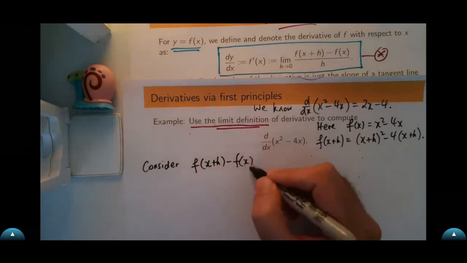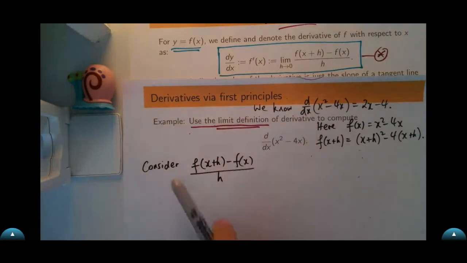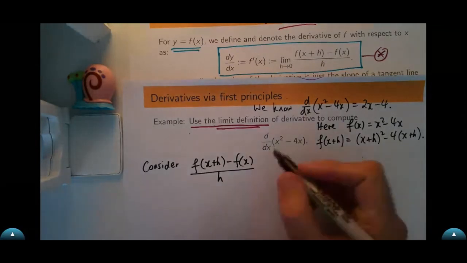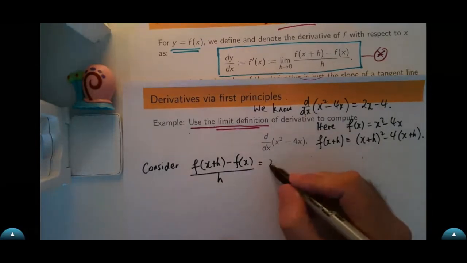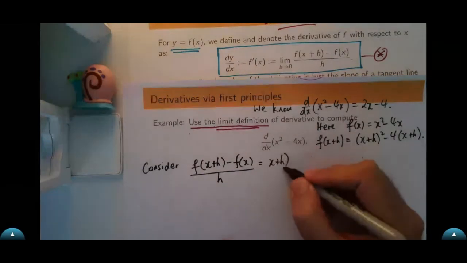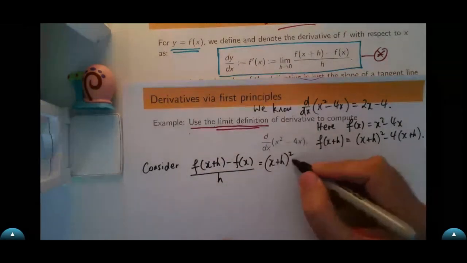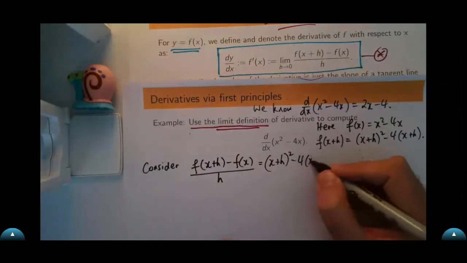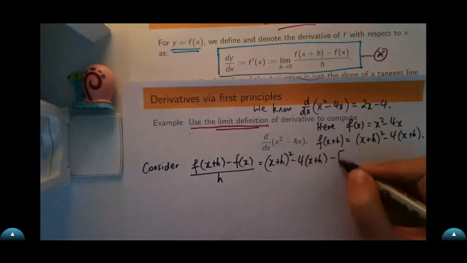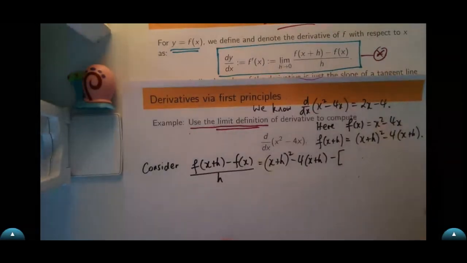Okay, so now the algebra starts, and the very last thing we're going to do is take the limit. So I'm not taking the limit there. All right, so it's going to be x plus h squared minus 4 times x plus h minus f of x.